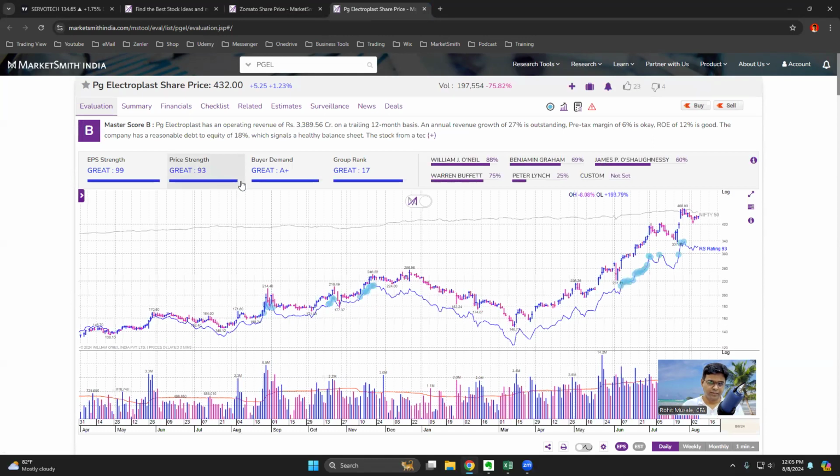This means that this company is doing better than 93% of all the stocks in the Indian stock market if you compare the 52-week performance of this company with all the other companies in the stock market. So there are roughly 4,939 companies in India, approximately, last time I checked. So out of those 4,939 companies, this is in the top 7% of the companies in terms of its 52-week performance.